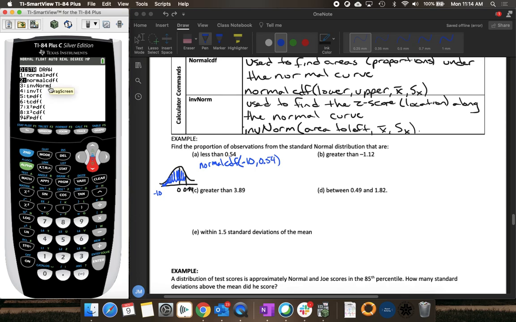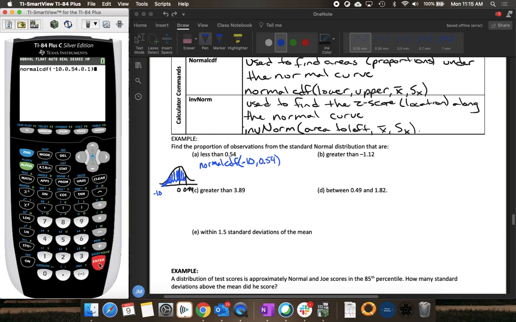You can see invNorm is option number 3, so we'll get to that option using the same way. Now, mine does in fact have a menu, so I'll go ahead and fill in for my lower, -10 should be small enough. For upper, 0.54. And notice for the mean and standard deviation, it already has those as 0 and 1. So I'm not going to change anything there. I'm just going to press paste.